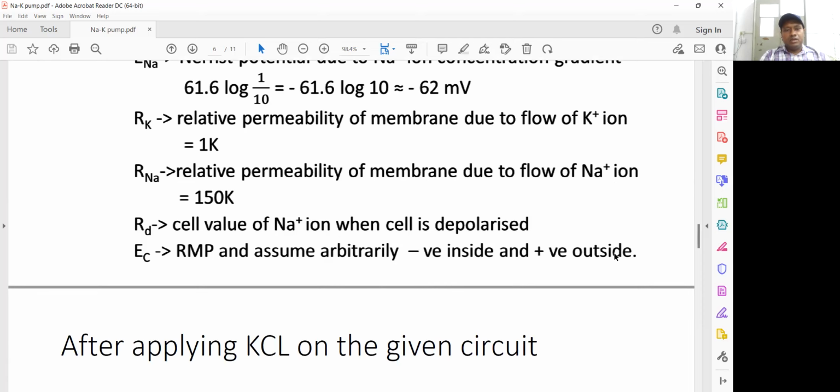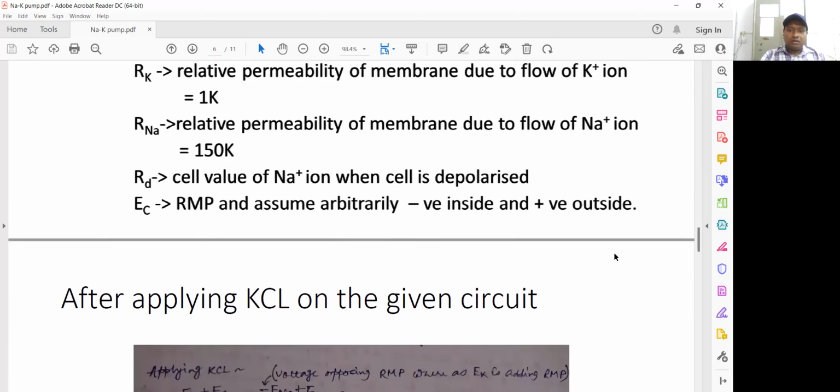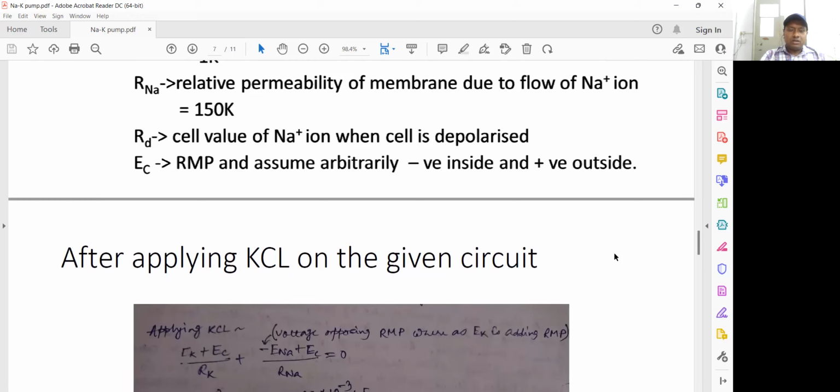Now let us apply KCL, Kirchhoff's current law, on the given circuit.